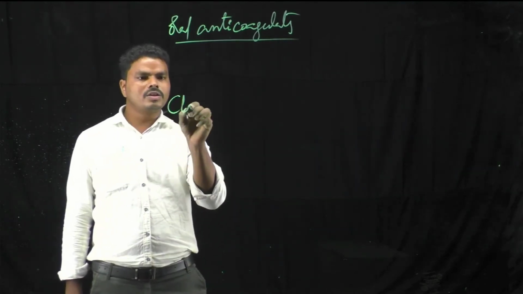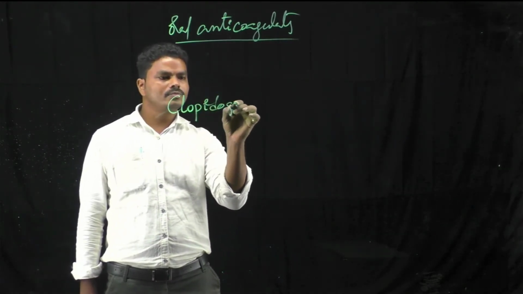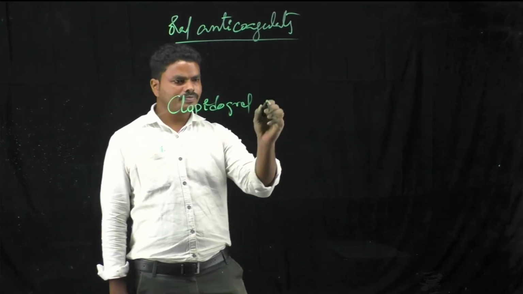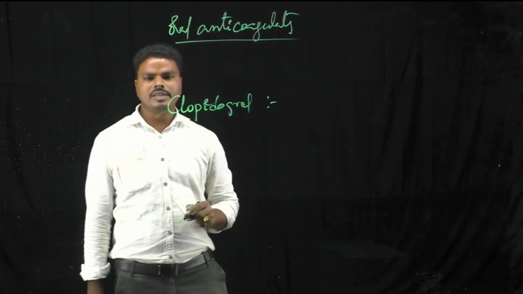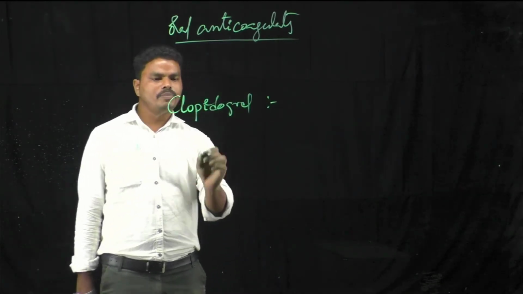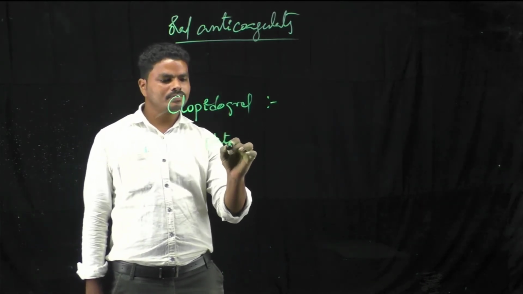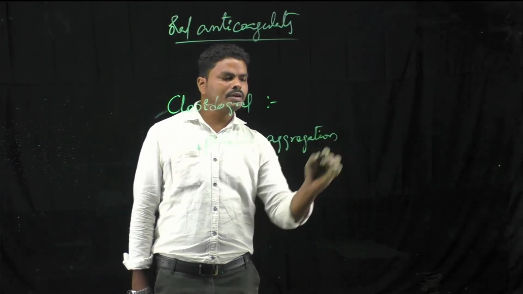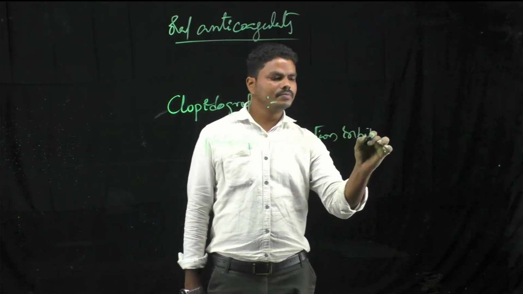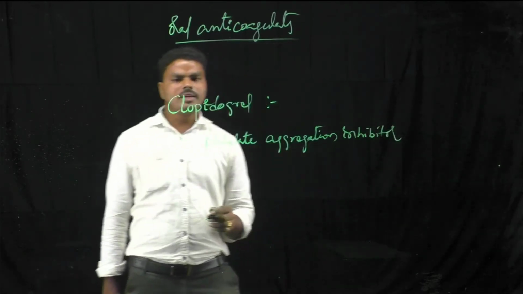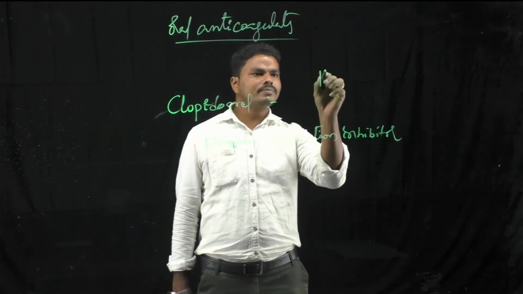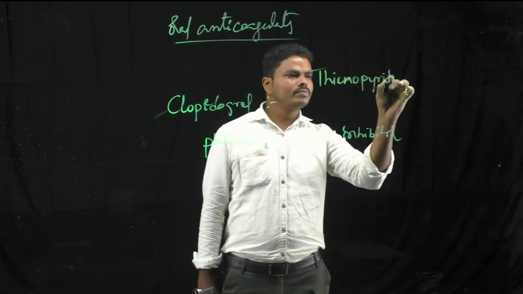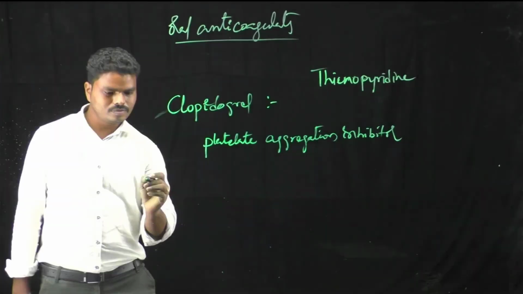Another drug, clopidogrel, is also used as an oral anticoagulant. It is a platelet aggregation inhibitor. Chemically, clopidogrel is a thienopyridine derivative, which comes under the platelet aggregation inhibitor classification.